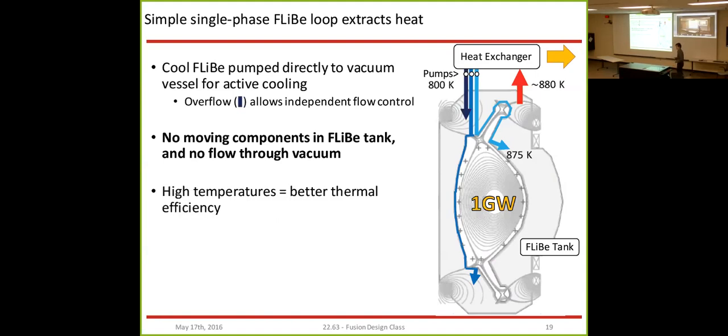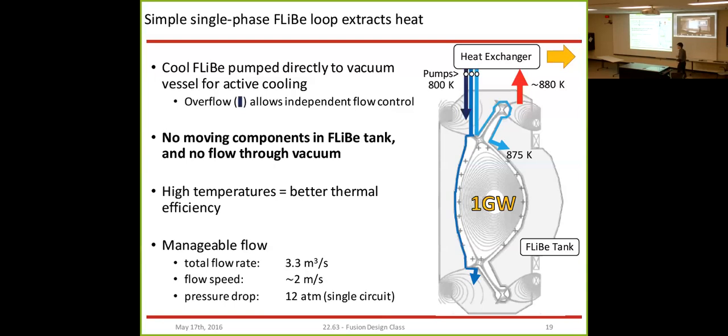Additionally, because FLiBe is a molten salt, it has a melting point of around 730 Kelvin. We have to operate at high temperatures. In particular, we designed around an inlet cold temperature of 800 Kelvin, that then leaves at around 880 Kelvin. And these high temperatures are good for thermal efficiency, for converting the thermal energy into electric energy.